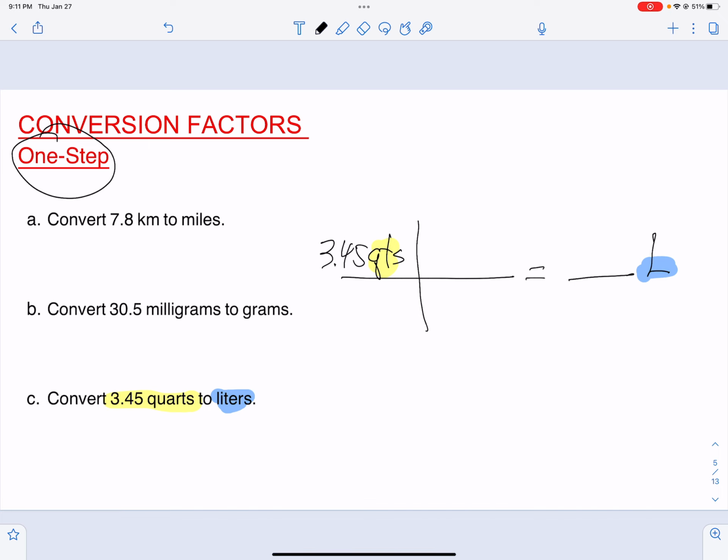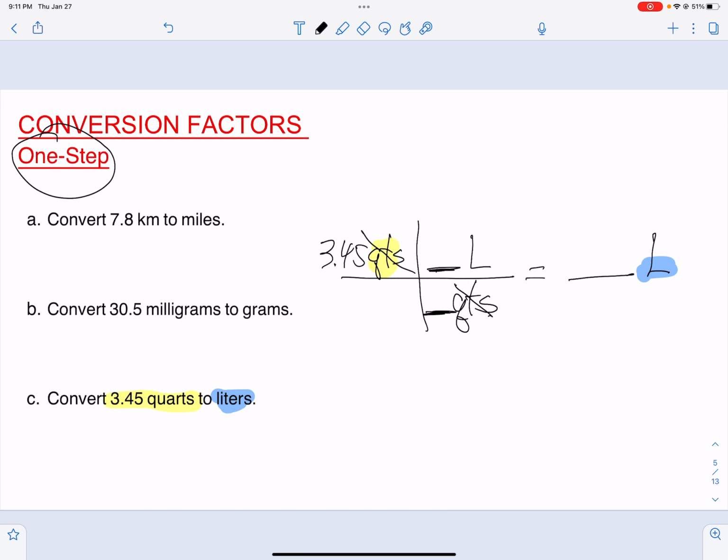And that's the symbol for liters. So I'm looking for liters, so liters goes on top. I want to get rid of the quarts, so quarts goes at the bottom. That way, they cancel. So all I need is the values that go in there.